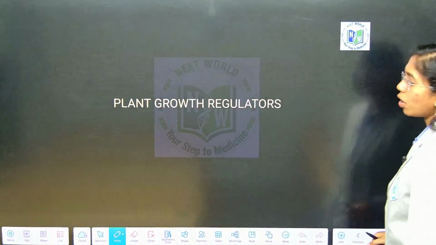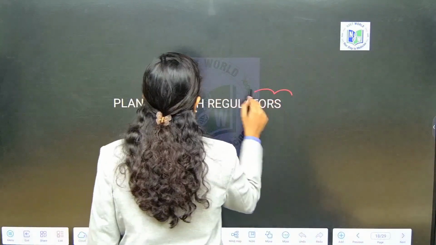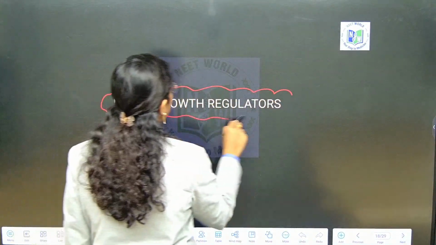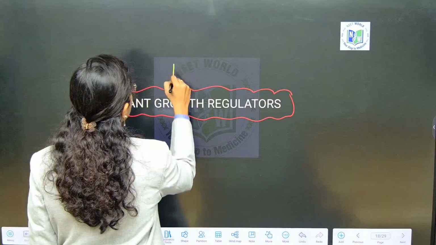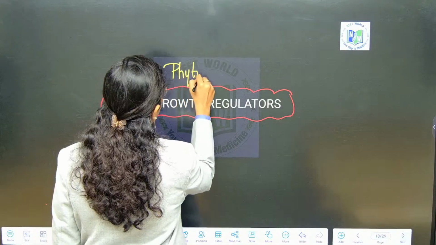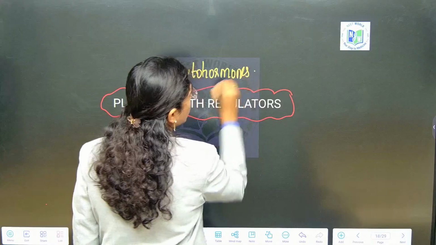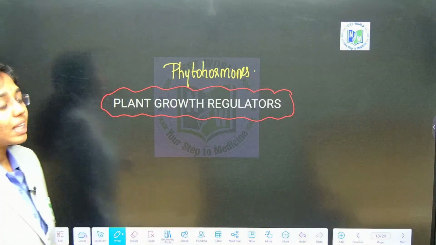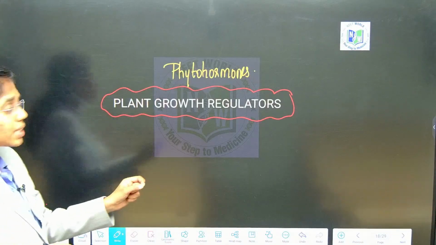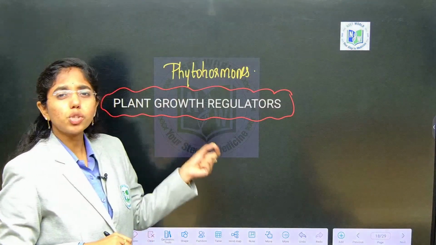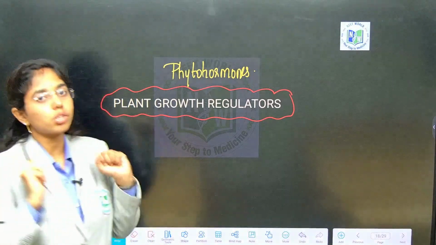Now, we are landing on the concept of plant growth regulators. Plant growth regulators are of two types. They are also known as phytohormones. These are small, simple chemical constituents which are synthesized or stimulated in very small quantities, and they show diverse activities in different regions of the plant.